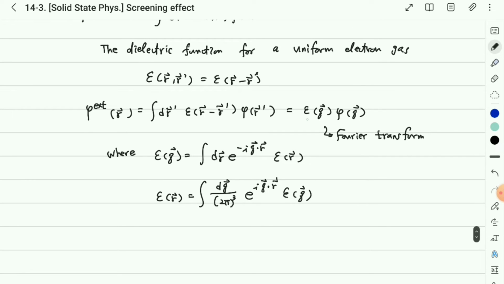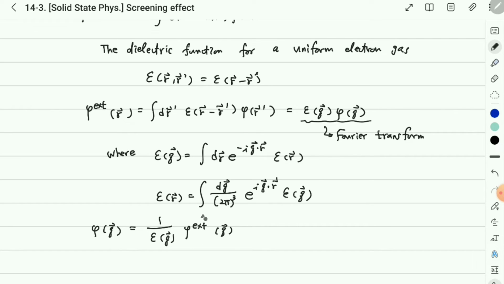Here from this equation, the potential phi q is 1 over epsilon q times the ionic potential phi ionic, and therefore the ionic potential is screened out.